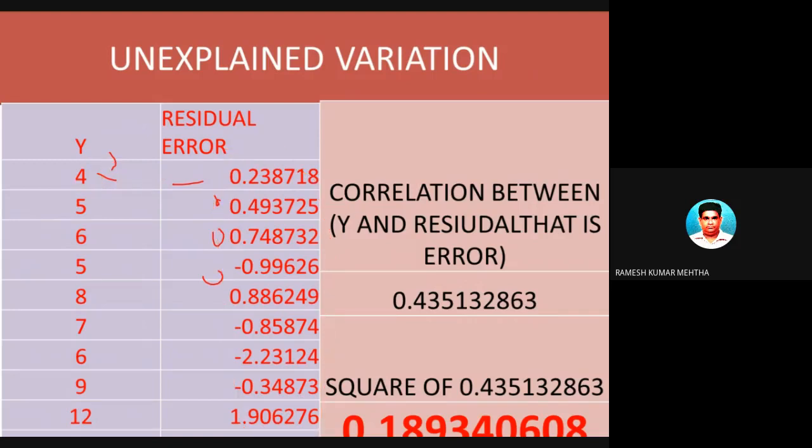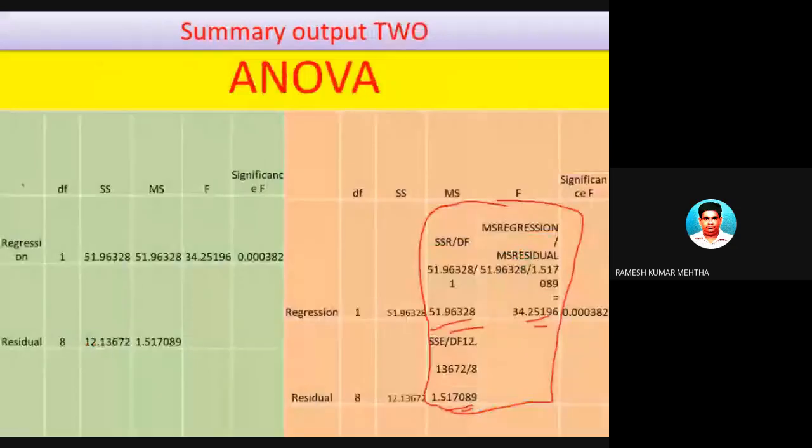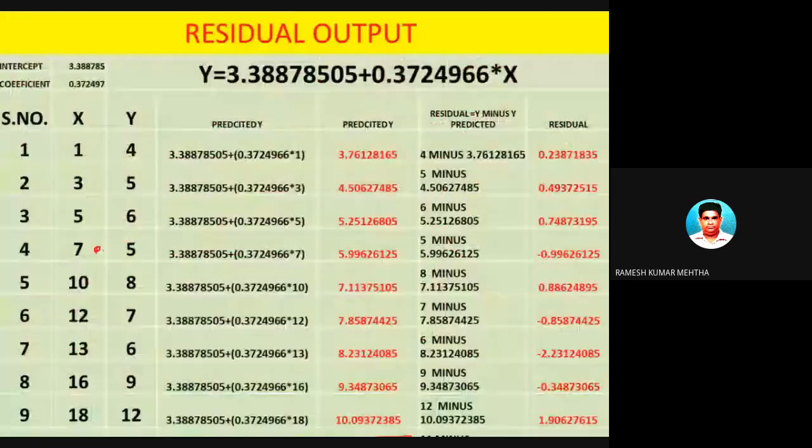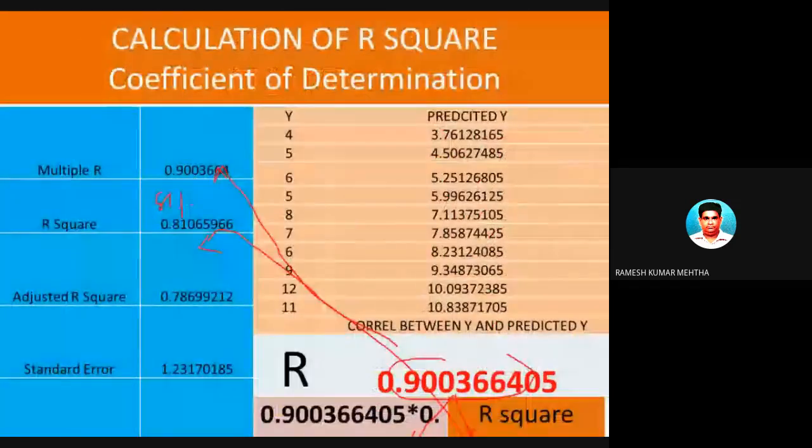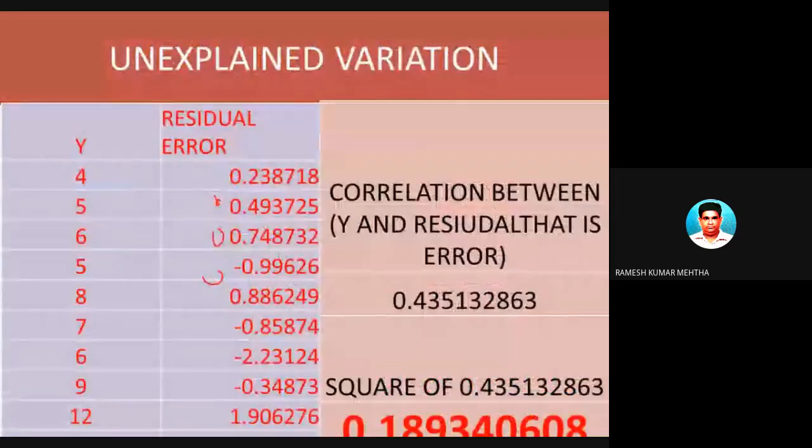For the unexplained variance, we have just calculated the error of the individual items. I got 0.23, 0.49, 0.74, so on and so forth. The same figures I have taken here. Now find out the correlation.